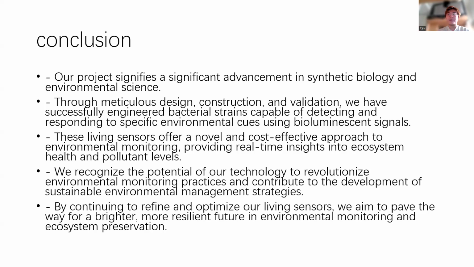Once inside the bacterial cells, the introduced genes are expressed, leading to the production of bioluminescent proteins. The expression of these proteins is often controlled by synthetic genetic circuits that integrate regulatory elements responsive to specific environmental cues. These regulatory elements may include promoters that are activated in the presence of target pollutants or conditions, allowing for precise control of bioluminescence.